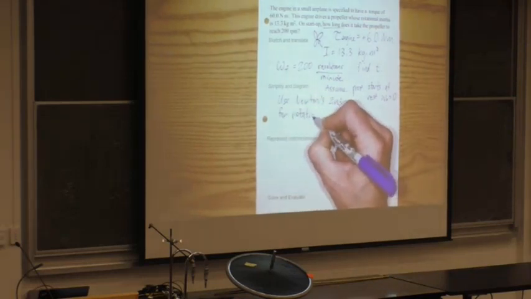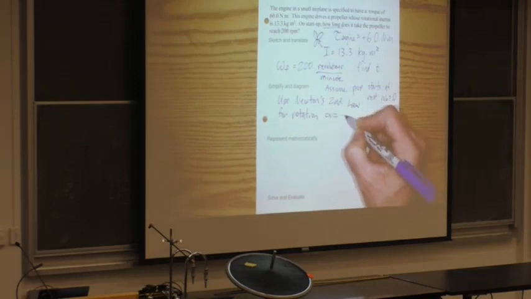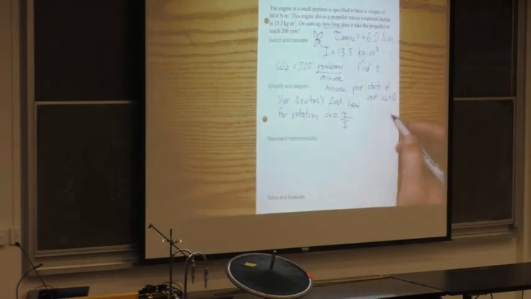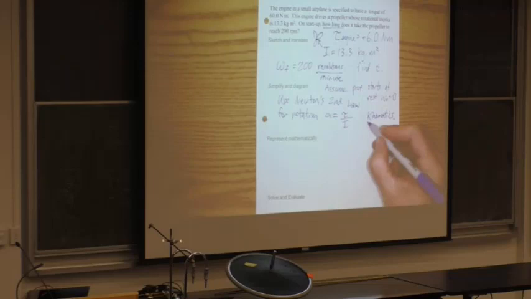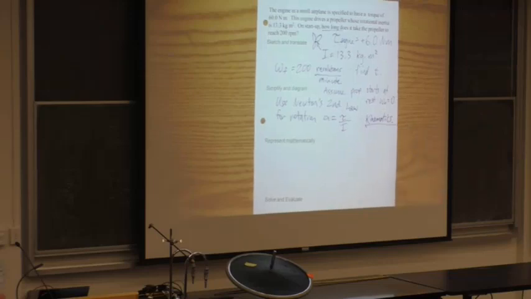Which is just that alpha is equal to the torque divided by I. And then we're going to use kinematics. So we're going to go back to that aid sheet, which I've already put away. But what do we have?